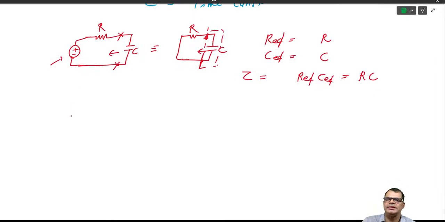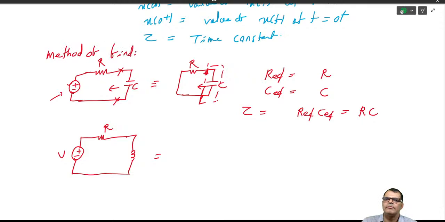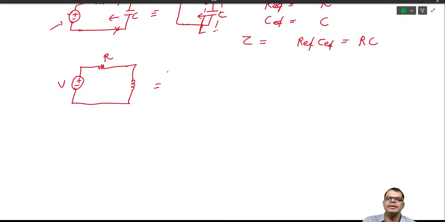In similar fashion, suppose you have a voltage source and another energy storing element, an inductor. This is the method of finding the time constant for a single time constant circuit: reduce the source to 0, so the circuit becomes this.